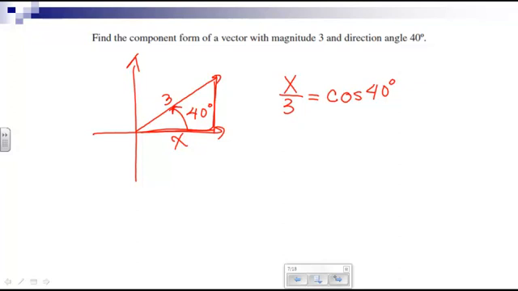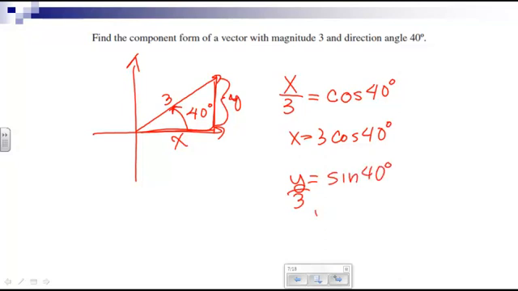Or we could more generally say x is equal to 3 cosine 40 degrees. What about the y component of that vector? Probably y over 3 is equal to the sine of 40 degrees, or y is equal to 3 sine 40. That looks pretty good.